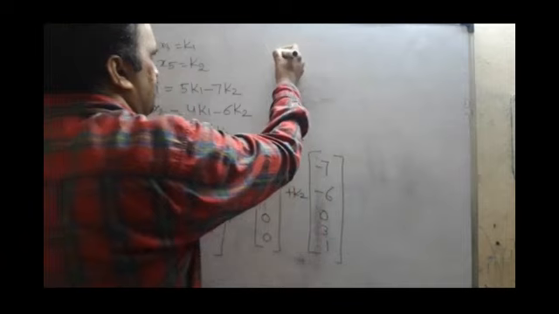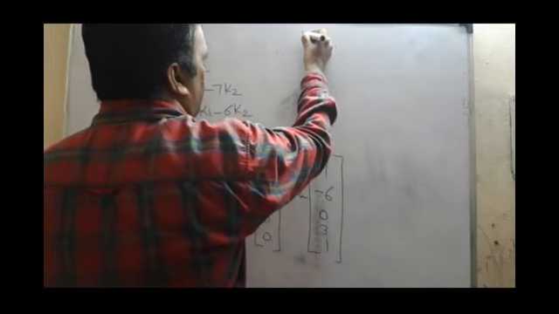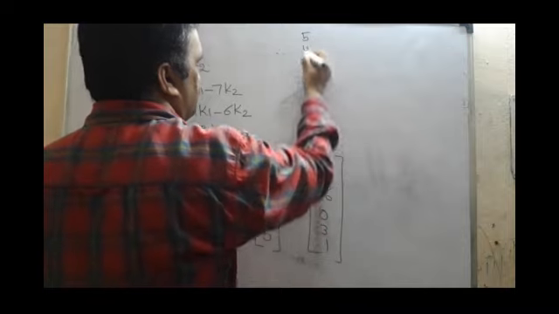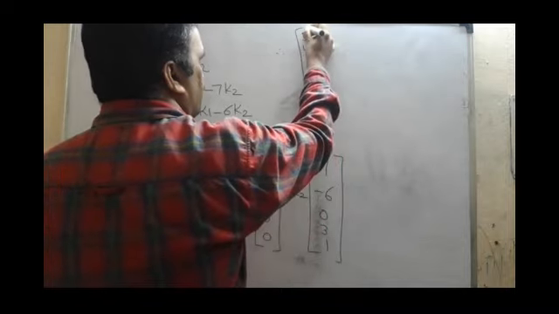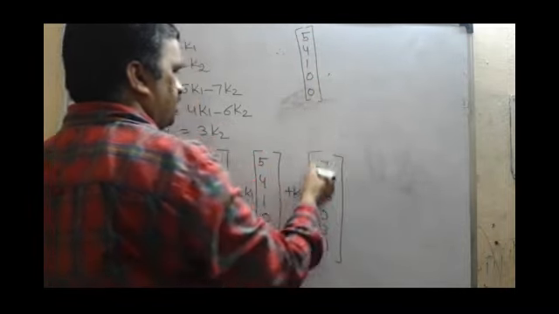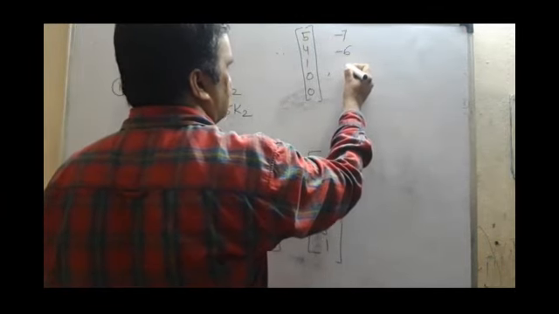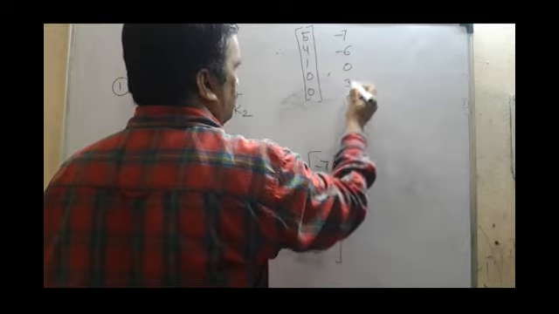So we got two vectors which form a basis for null A. Therefore (5, 4, 1, 0, 0), comma, second one (minus 7, minus 6, 0, 3, 1).